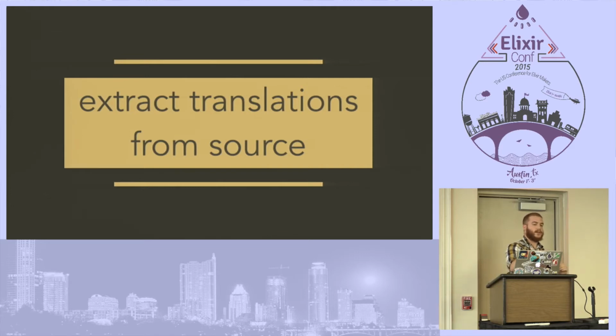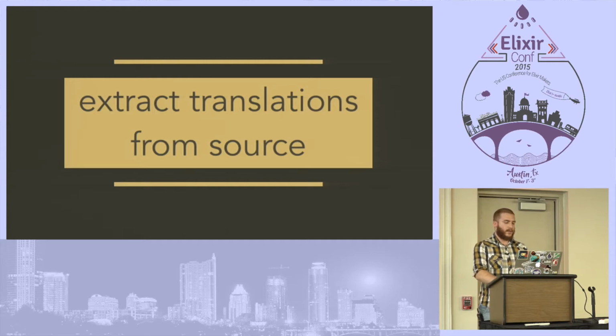So extracting translations means the code does it for you, but it goes over the whole code base and extracts translations into POT files, which are like PO files. POT stands for PO template, and they are like PO files, but they don't have the message string filled in, right? So they're not locale specific. They're just a generic template that translators have to fill up when they're translating.